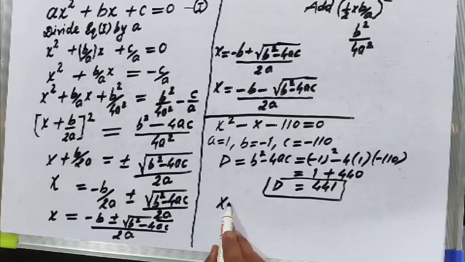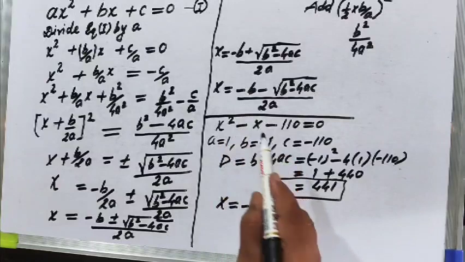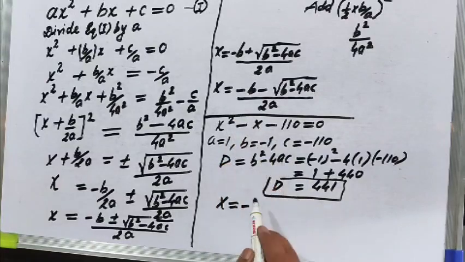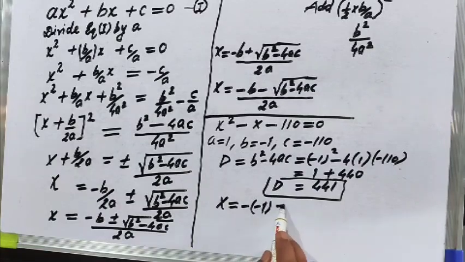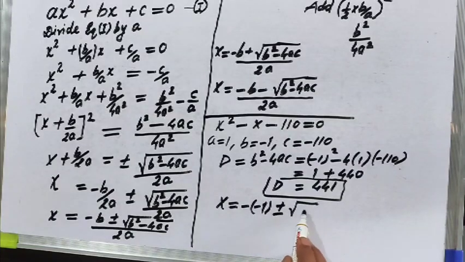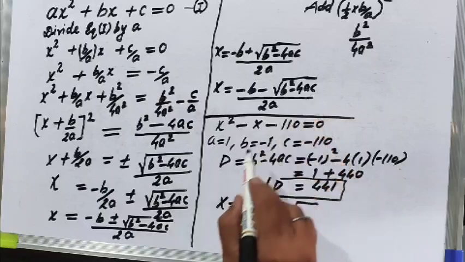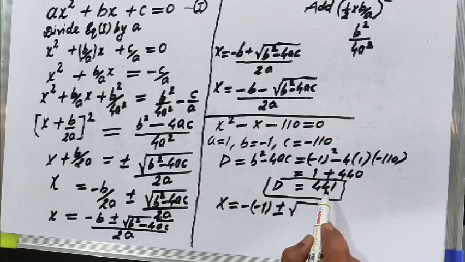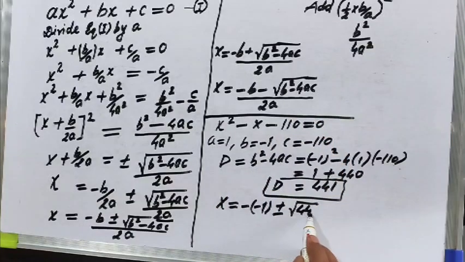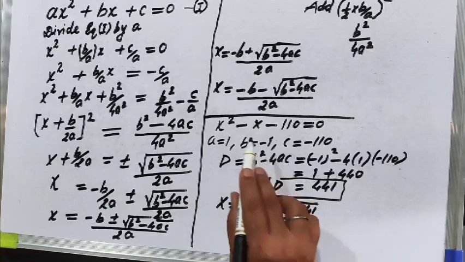And these roots are x equal to minus of b. So minus of b means minus of minus 1, which is 1, plus minus under root of b square minus 4ac, which is actually d, and the value of d is 441, divided by 2 into 1.